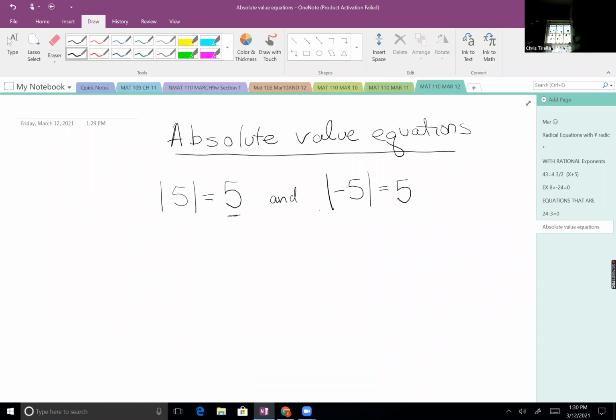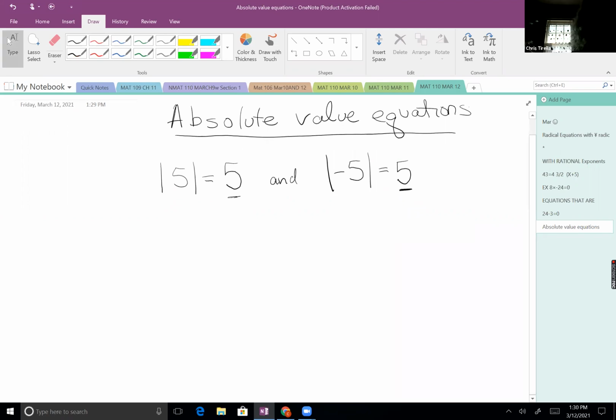And so do you notice if the absolute value is 5, then the original quantity inside those absolute value bars could be positive or -5. We could summarize that by saying that if the absolute value of some x was equal to 5, by what we just saw, that x could be 5 or x could be -5.